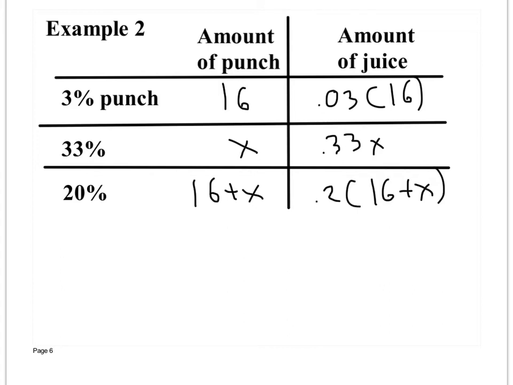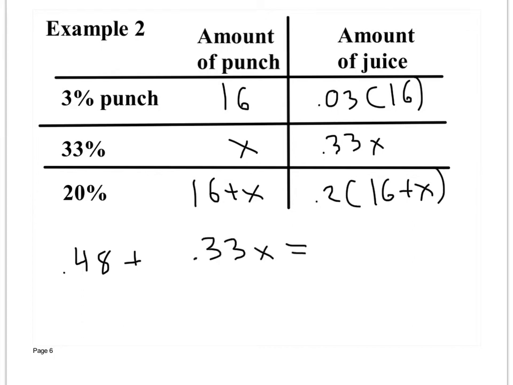All right, so then we come to an equation. I need my amount of pineapple juice, which is 0.03 times 16, which I will work on a calculator. 0.03 times 16 is 0.48, plus my 33%, which is 0.33x.